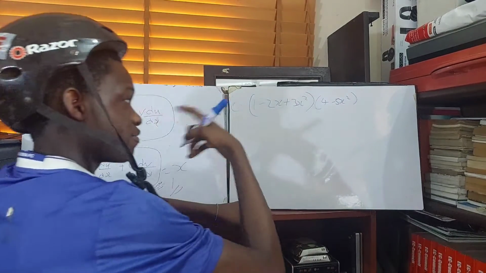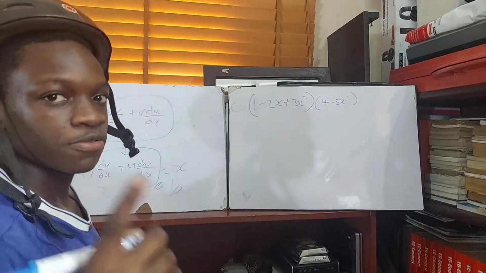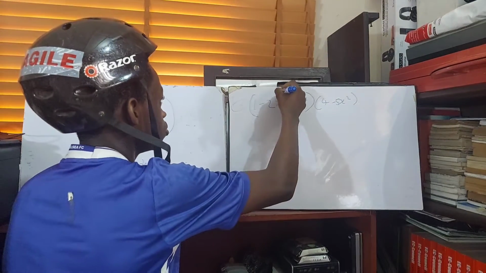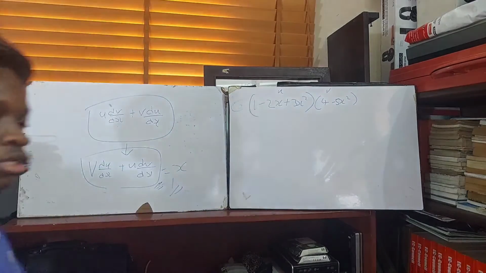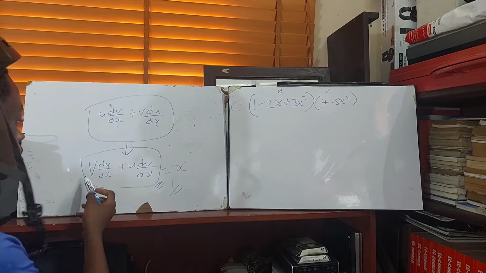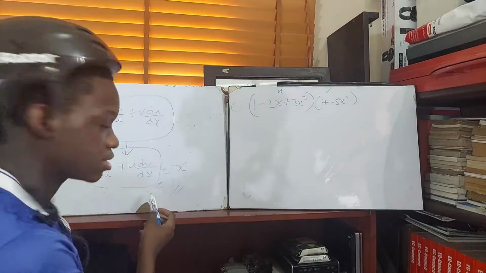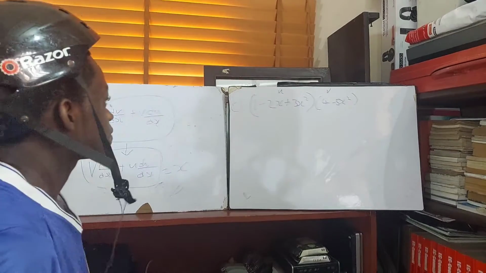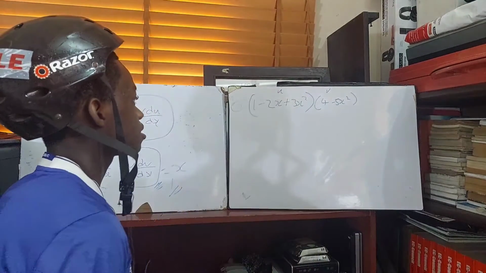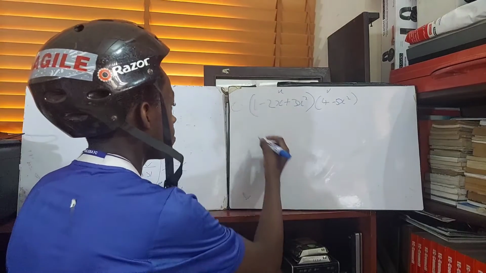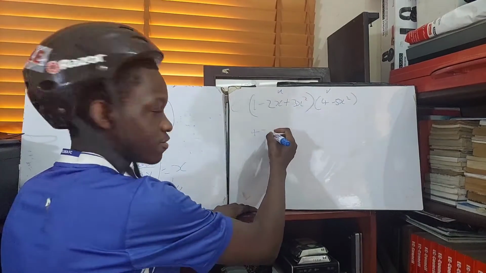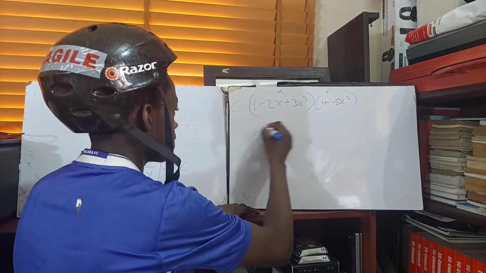To find the derivative of this, the first step is to label this one u and this v. We recall our formulas: v du/dx and u dv/dx. We start with v du/dx. What is v? 4 minus 5x squared.